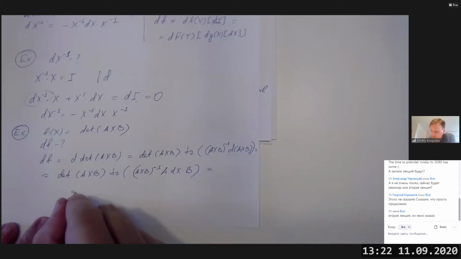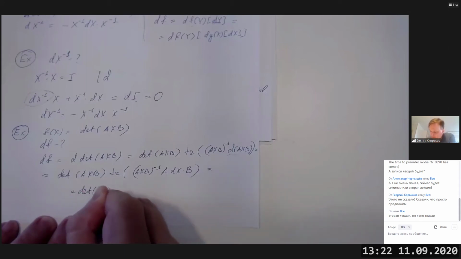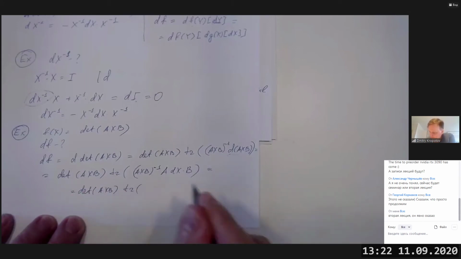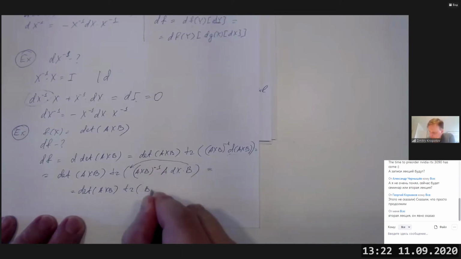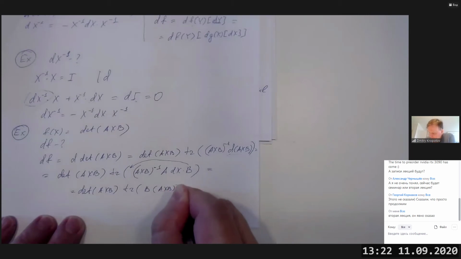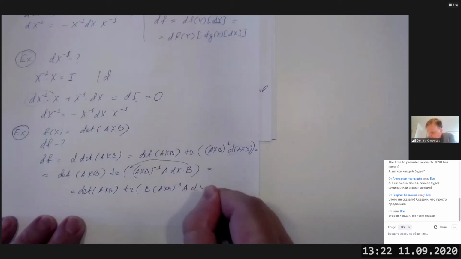It would be the same thing. So we may write down that this is equivalent to trace, moving B to the first position, times A times dx.